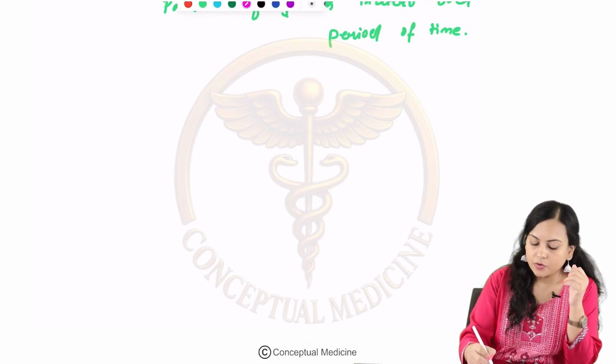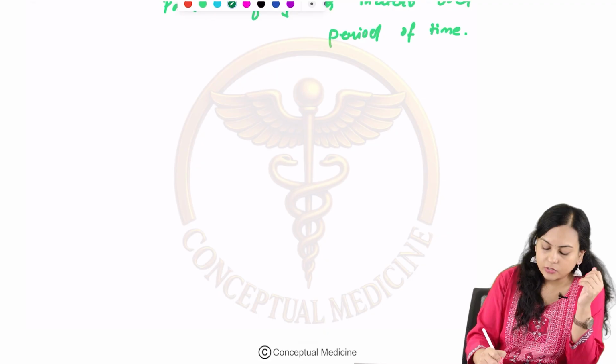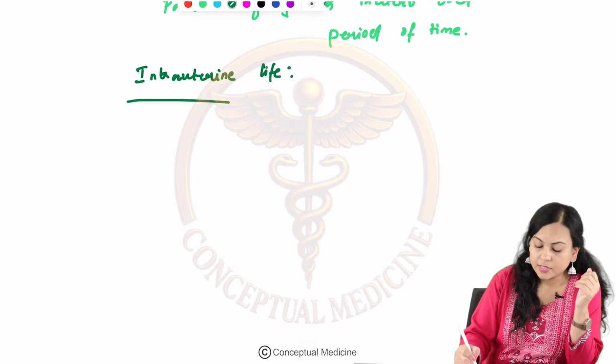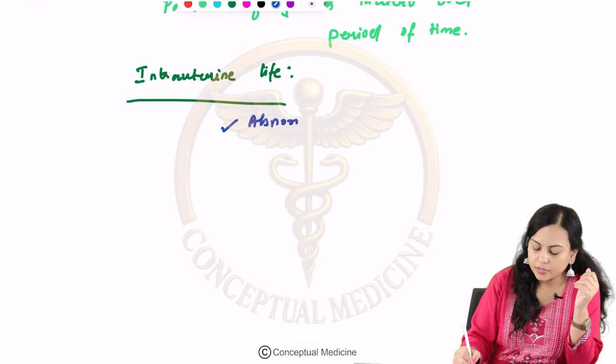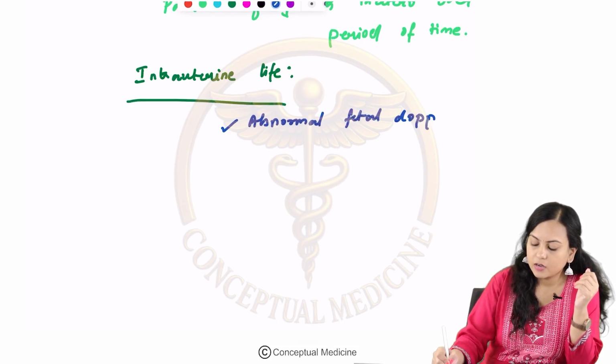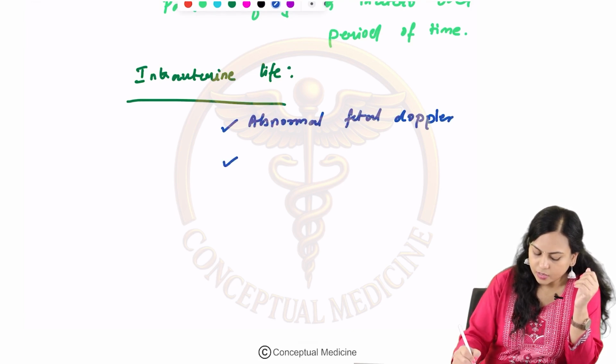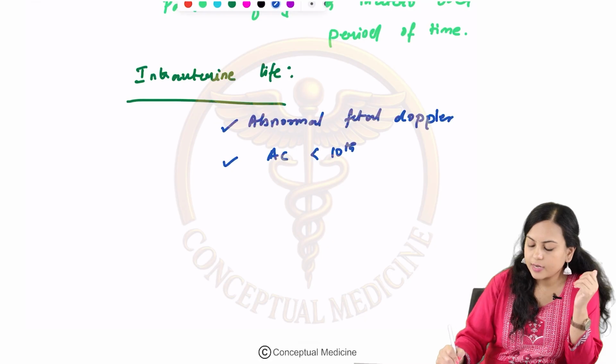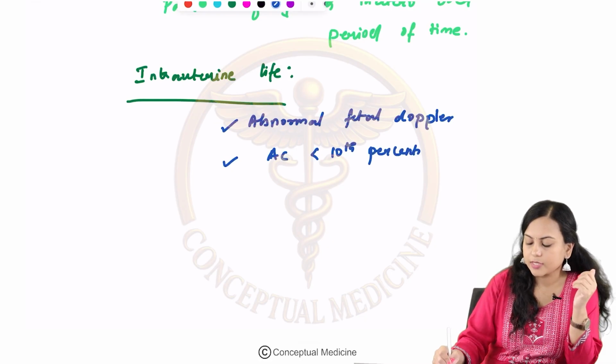Generally, during intrauterine life in these babies, you will be able to see some features of abnormal fetal Doppler, or the AC circumference can be less than 10th percentile.